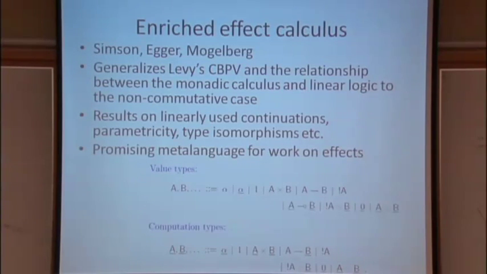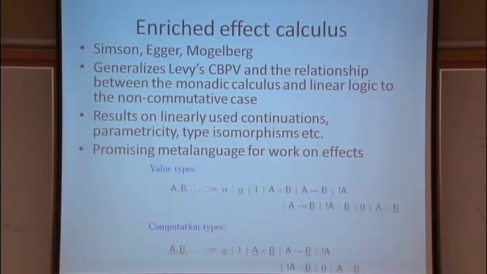I had a slide before which showed that there was some connection between the computational metalanguage and linear logic: if we have an adjunction between a Cartesian closed category on one side and a symmetric monoidal closed category on the other, then this induces a monad on the CCC side and a comonad on the symmetric monoidal closed side. And so you have a model of linear logic with bang on it, and you have a model of the computational metalanguage with a T on it. And translations into those two calculi that we know and love are related by the adjunction. But this only works in the case that the monad is commutative.